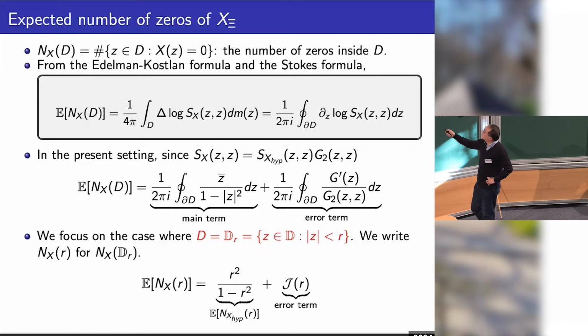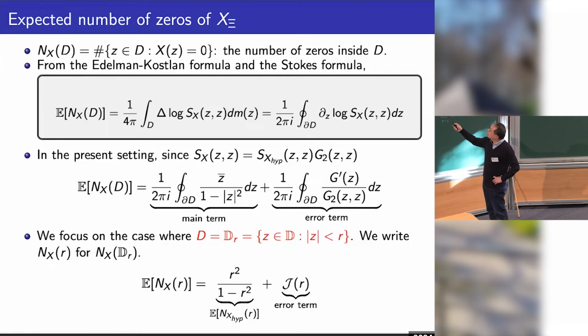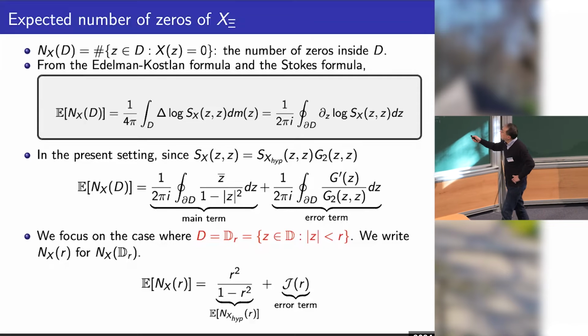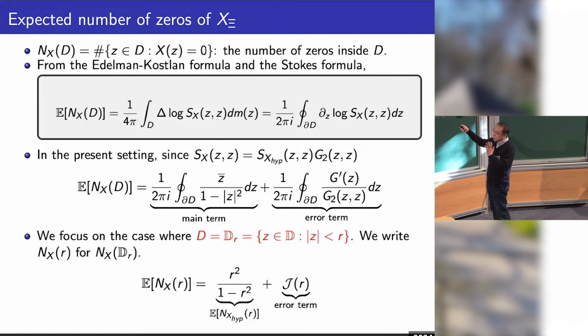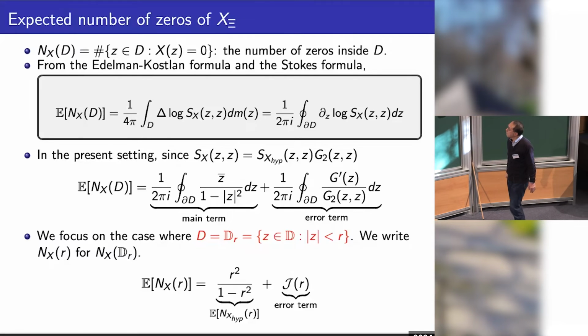And also in our setting, the covariance kernel has a product structure. Then the first term is the i.i.d. part, and it is equal to this. The second part is something like an error term, and we are focusing on this error term in this case.